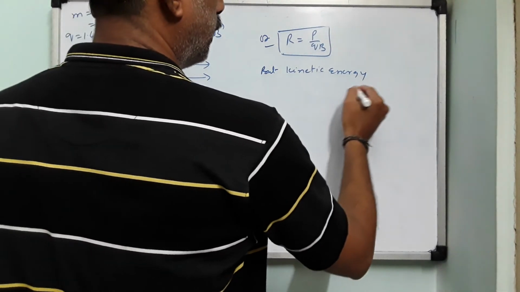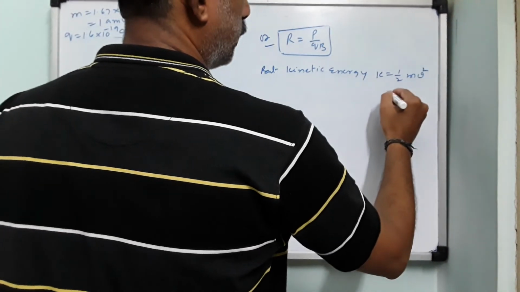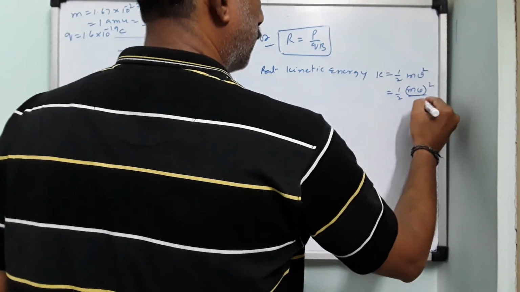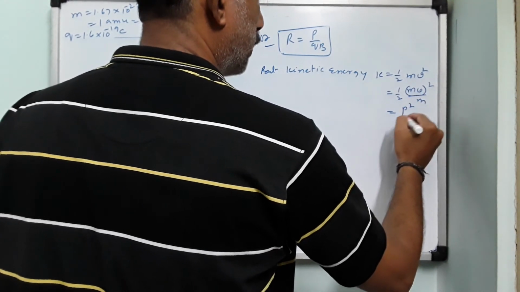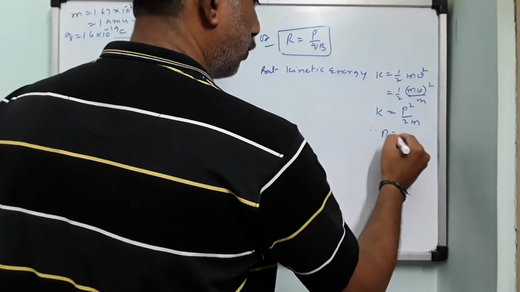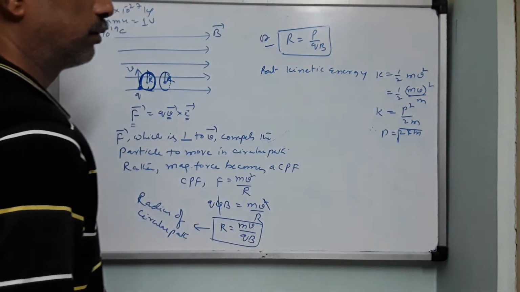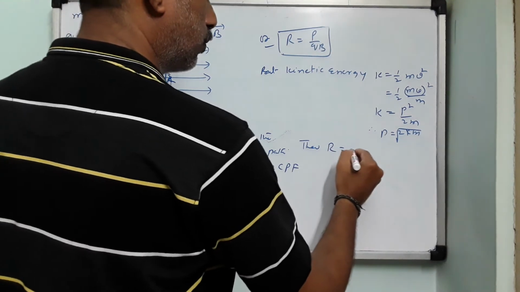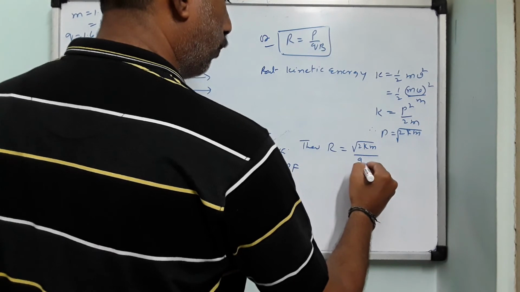Kinetic energy K equals half mv square. So this I will write as half into (mv) whole square divided by m. This we have seen in class 11 also. Mass into velocity is momentum. So p square by 2m is kinetic energy. Therefore, momentum equals under root 2 times the kinetic energy multiplied by mass. So then your equation will become the radius r equals root over 2Km, whole divided by qB.